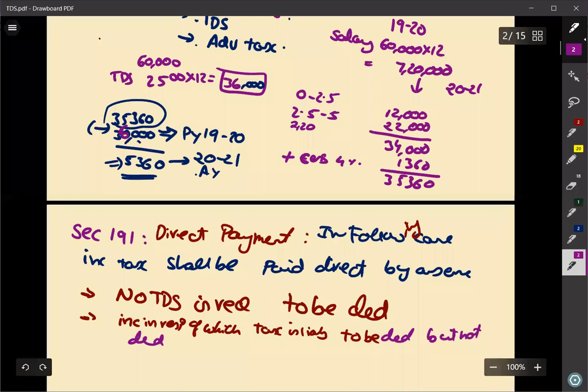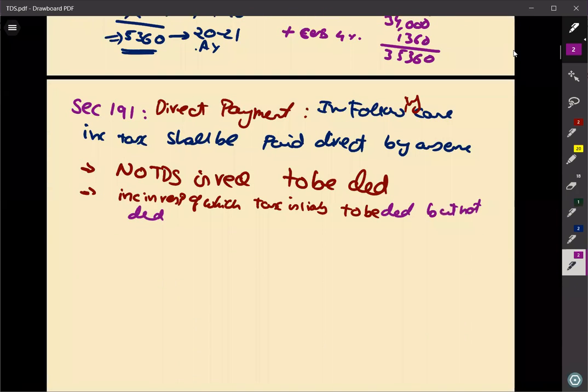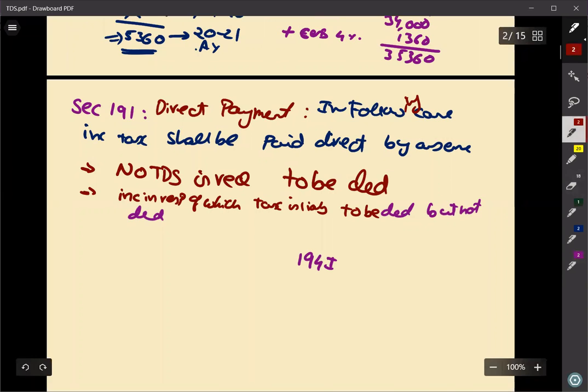Suppose there is one provision which we'll discuss going forward, in TDS itself, 194I. Let me take this example. I will explain this when we go in order. This basically speaks about rent. This section says a tenant is paying some sort of rent to the landlord.